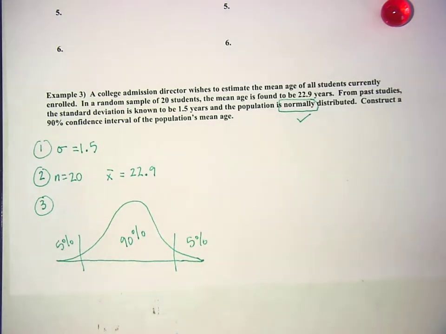Remember, you're looking at 0.05 in the middle of the table. If you're thinking, oh no, it's halfway between 2, you're right. Split it in half.